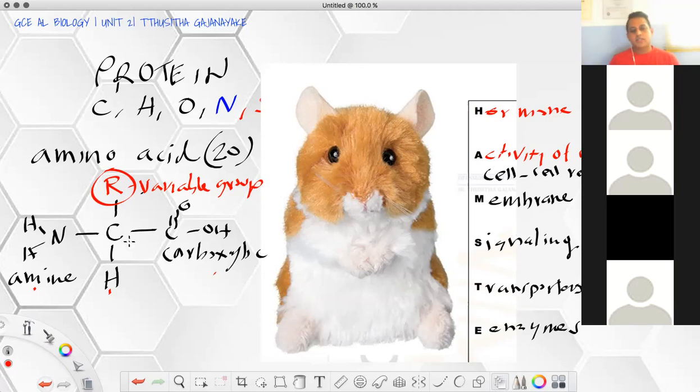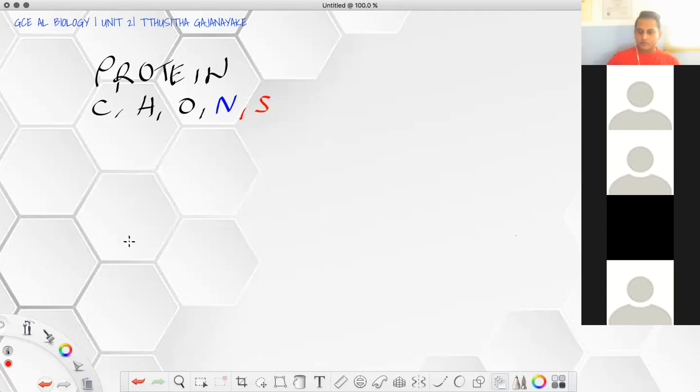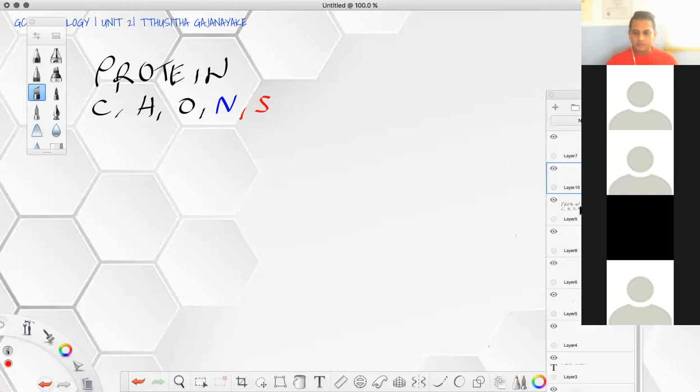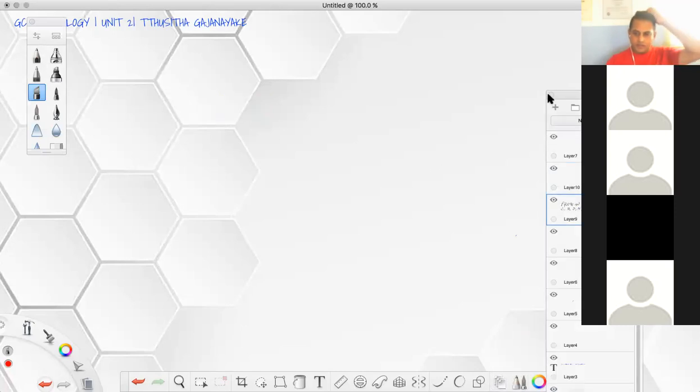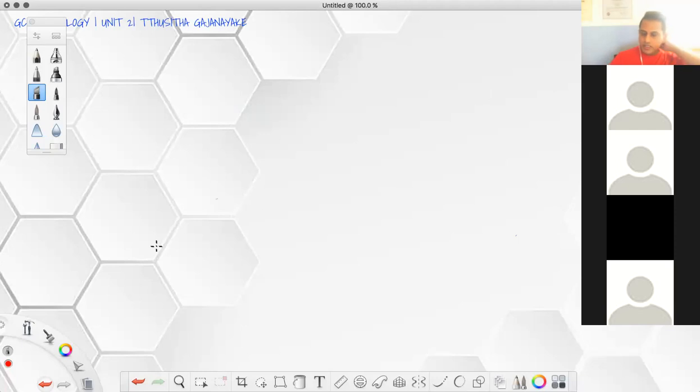Okay, let's see now how amino acids join together to make the complex structure of proteins. So I'm going to delete these notes. Hope you have time to copy this one. Right, now let's take one amino acid.